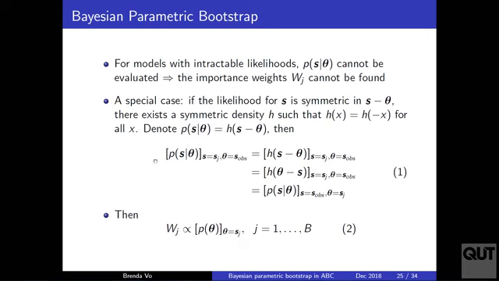However, if the likelihood is intractable, you're not quite sure whether it is symmetric or not. So this is just a very special case, and it's not used in practice.